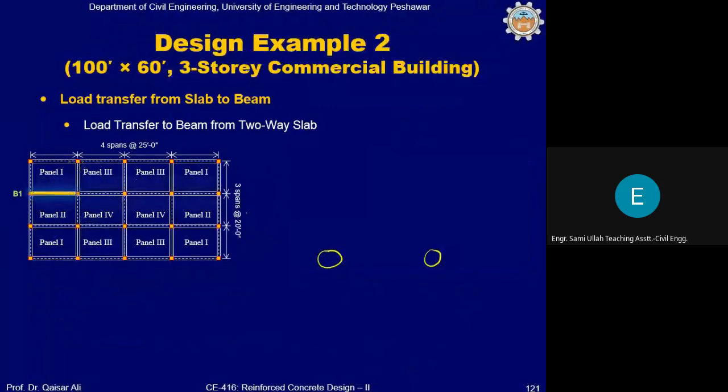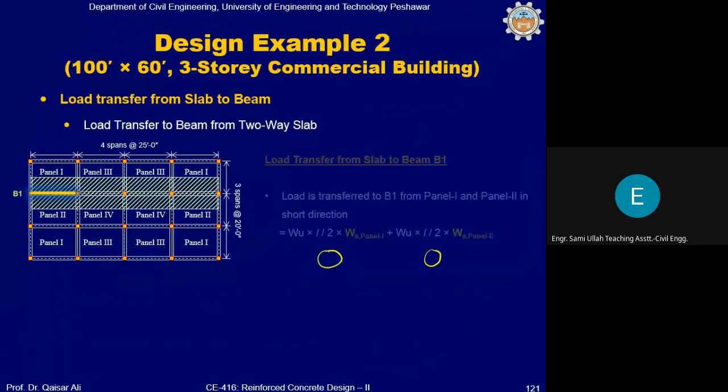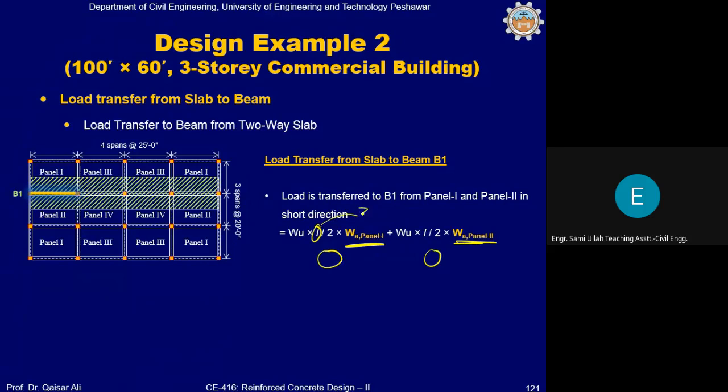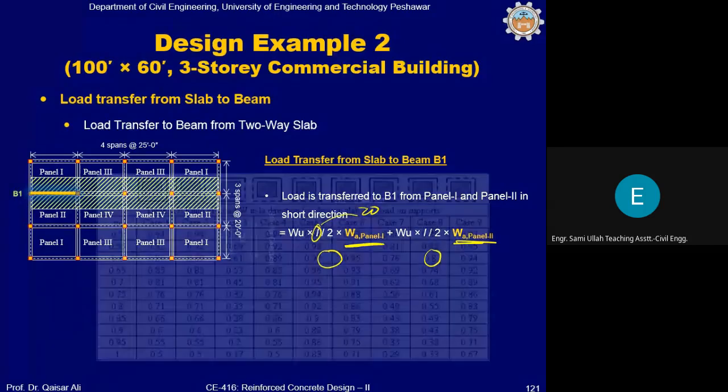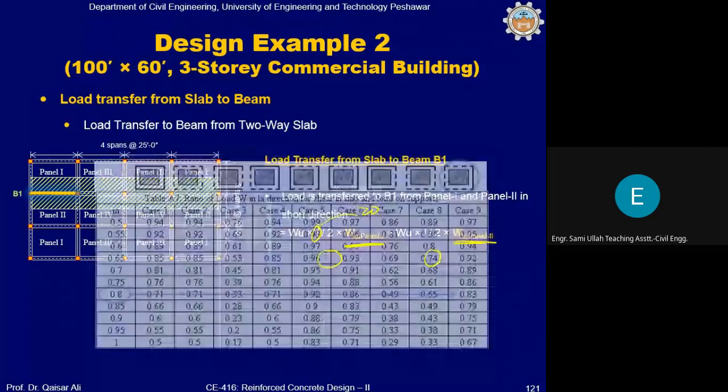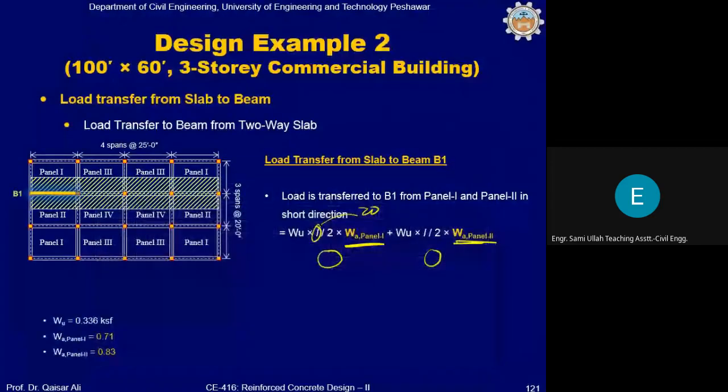We are transferring the load from slab to the beams. First of all, V1. These are the coefficients. WA panel 1, WA panel 2. And as I told you, this L will be center to center length. So this is basically B is 20 feet. These are the coefficients. These are the values.